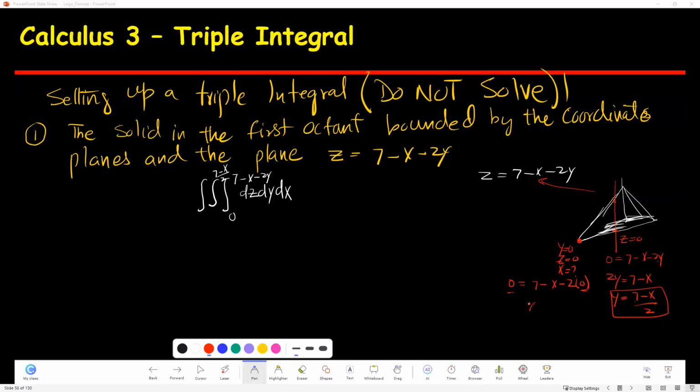And I'm going to find the value of x equals 7 minus 0. So x equals 7. That is my x limit. So x is also going from 0 to 7.